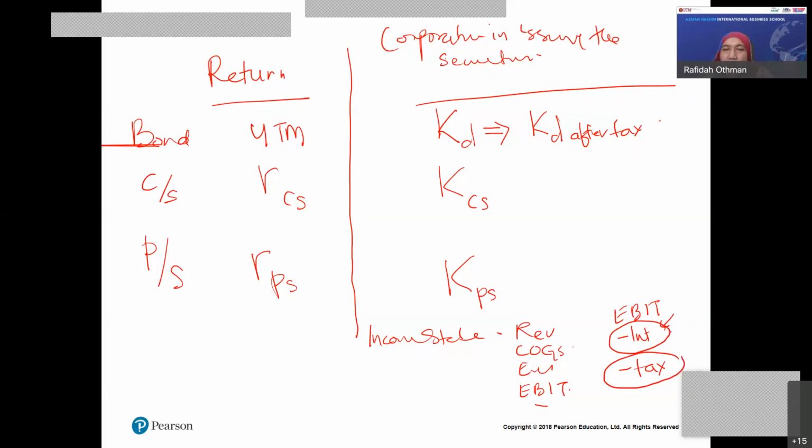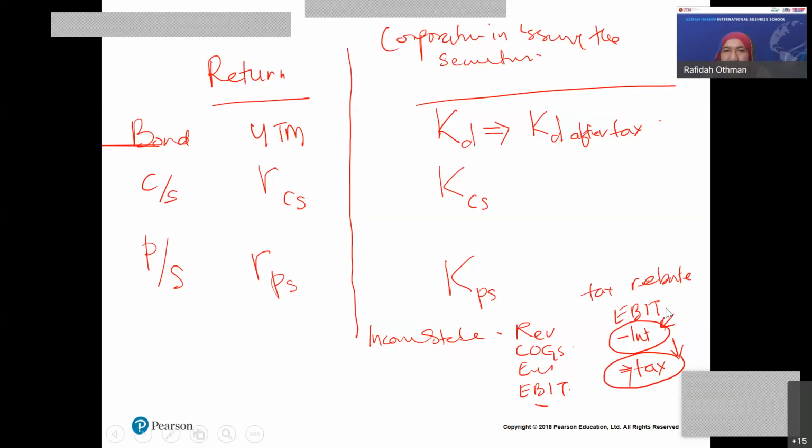So when you have bond interest or coupon payments, meaning interest on your debt, your tax payment will be reduced. This is what we call a tax rebate.